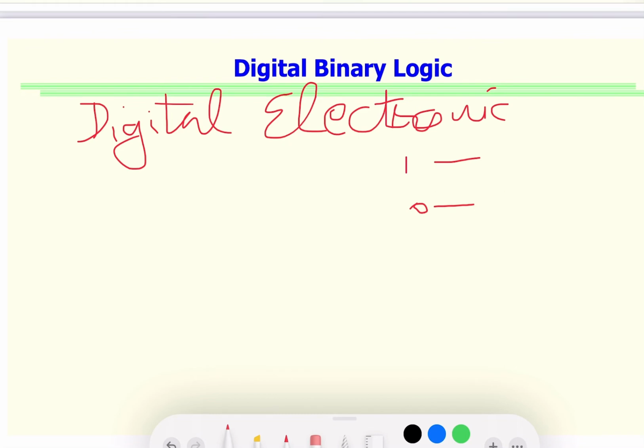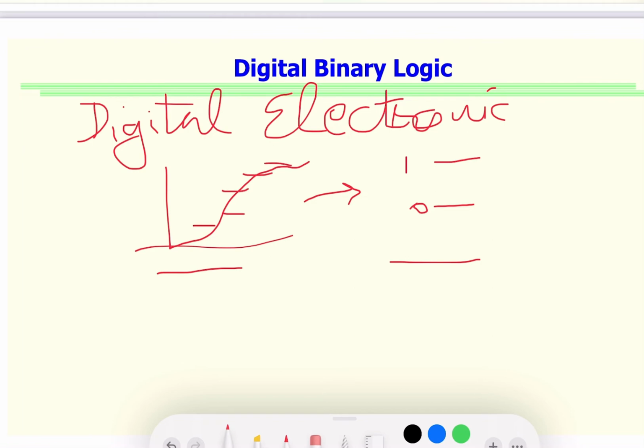So instead of having a continuous signal in analog, a series of ones and zeros would represent that signal. So that's analog to digital, and digital electronics helps us do that. All these levels would then be represented by combinations of high level or low level. So if you think about it, our op amp or transistor are analog devices, right?